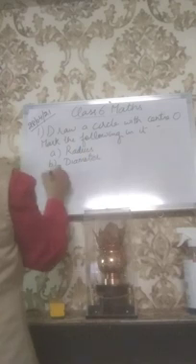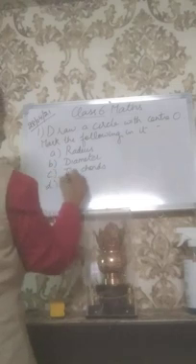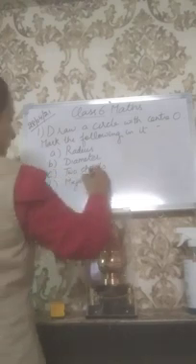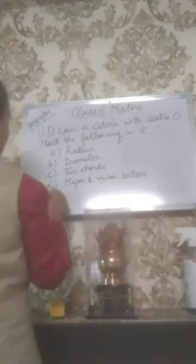Okay, first one is radius, second one is diameter, third one is two chords, fourth one is major and minor sectors, and fifth one is, I don't think we need a fifth one, 4 is enough.